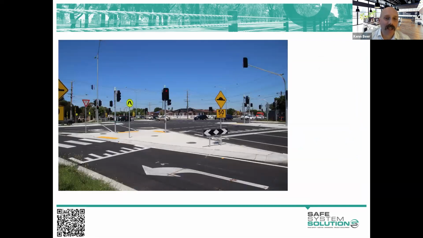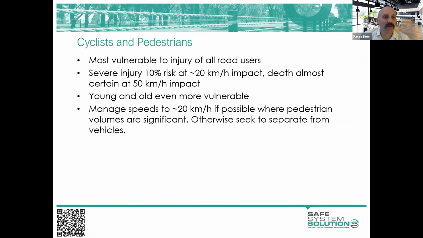And the intersections, as we say, you can do isolated speed management treatments, such as raised intersections or different features to slow vehicles down. So really, pedestrians and cyclists, they're our most vulnerable road users. We know the severity risks significantly increase over about 20 to 30 kilometres per hour, and very likely to be death around the 50 kilometres per hour.